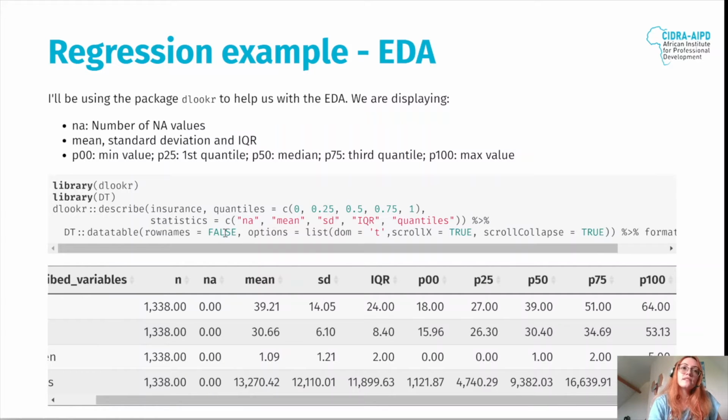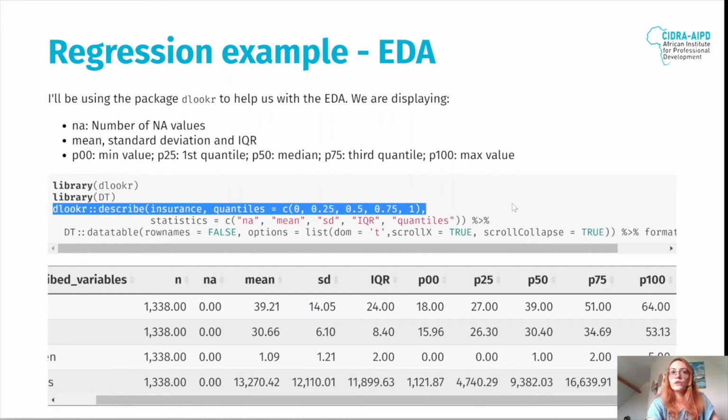And the statistics that I want to show, there are very different statistics that you can choose. If you go to the help page of the package, you can see all of them that are available. I just picked a few here. So I picked the NA, that gives me the number of NA values or missing values, the mean, the standard deviation, the interquartile range, and the quantiles, so that I need to say that I want the quantiles to actually have those here that I initially asked for.